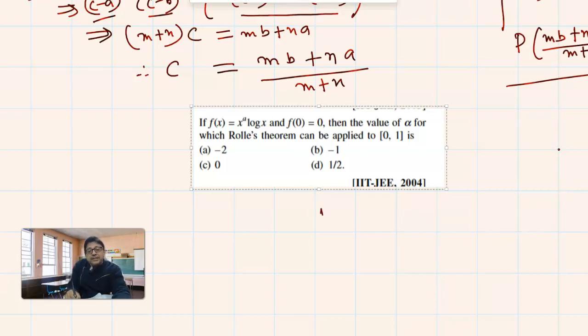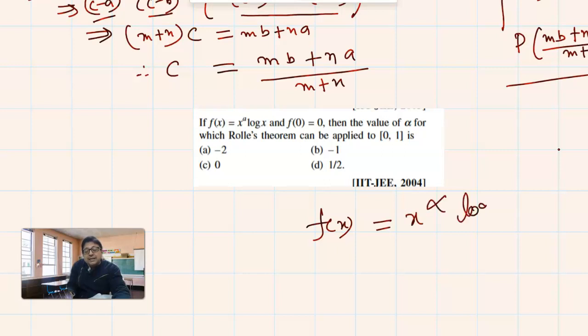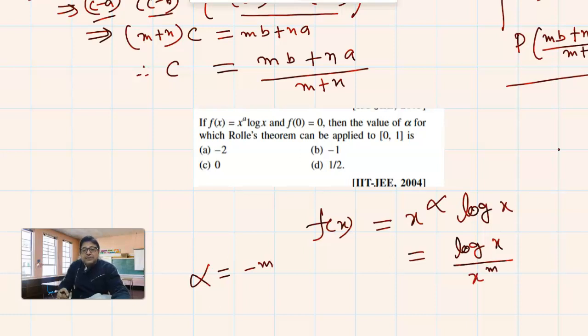If alpha is a negative quantity, say alpha equal to minus m, then x^α log x is nothing but log x by x to the power m. We are suspicious about the point x equal to 0, f(0) also they have stated.